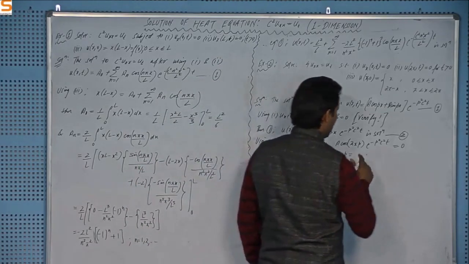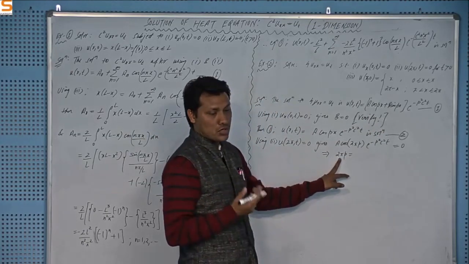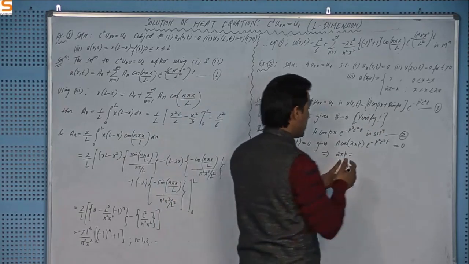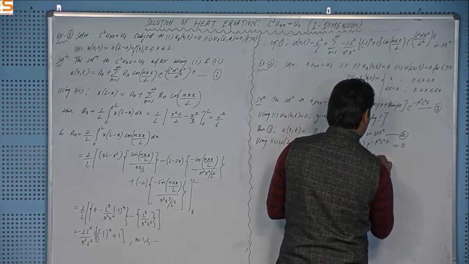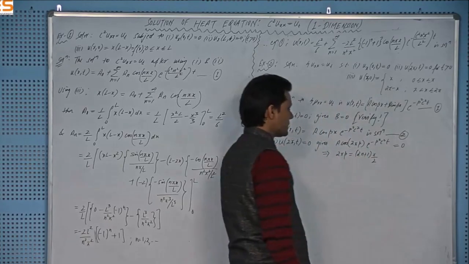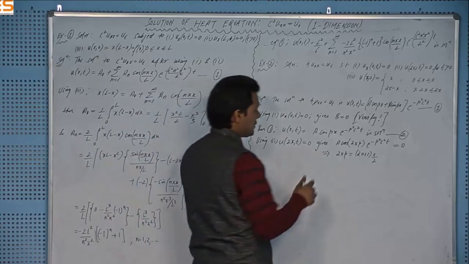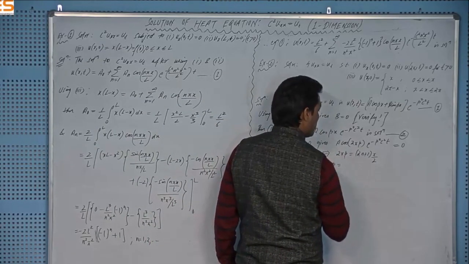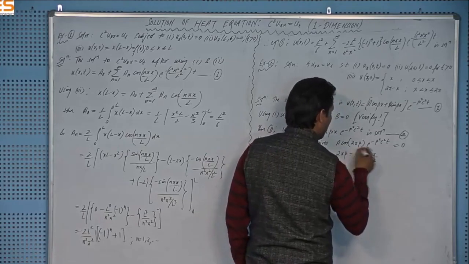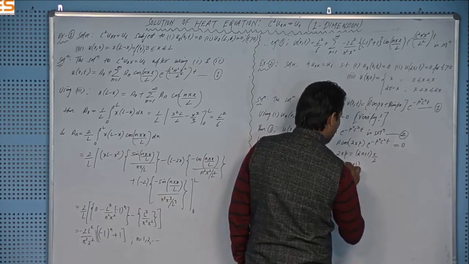So cos 2 pi p equal to 0 means this angle is equal to the odd multiple of pi by 2, and I should write it as (2n plus 1) pi by 2, right? Then p will be equal to, that 2 will go here, pi will be cancelled, (2n plus 1) by 4.